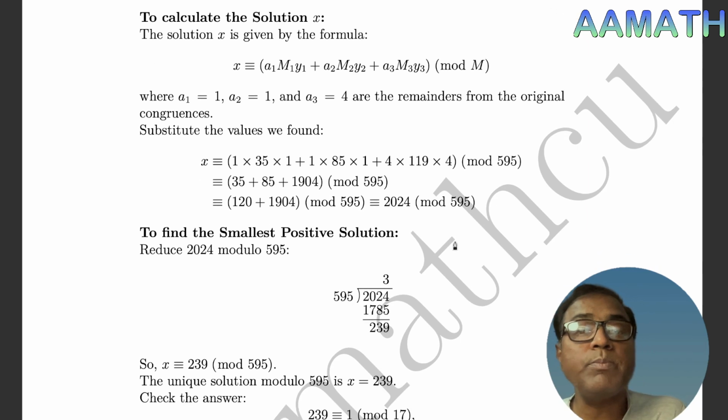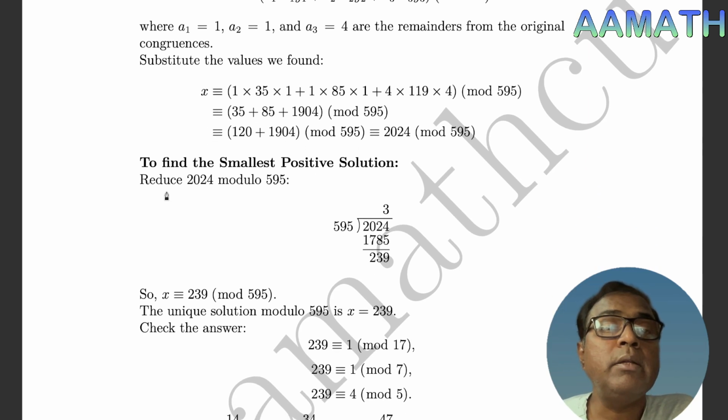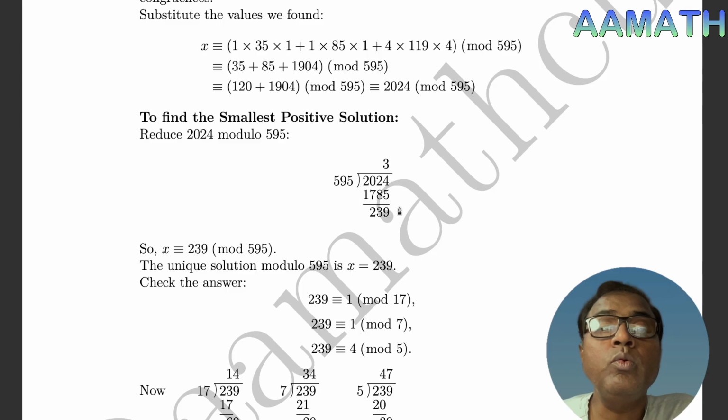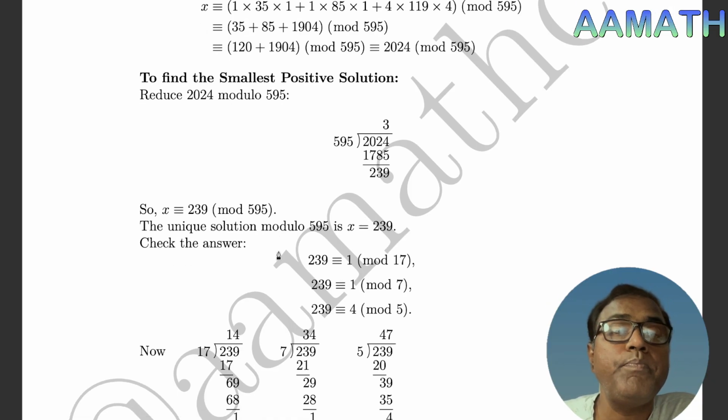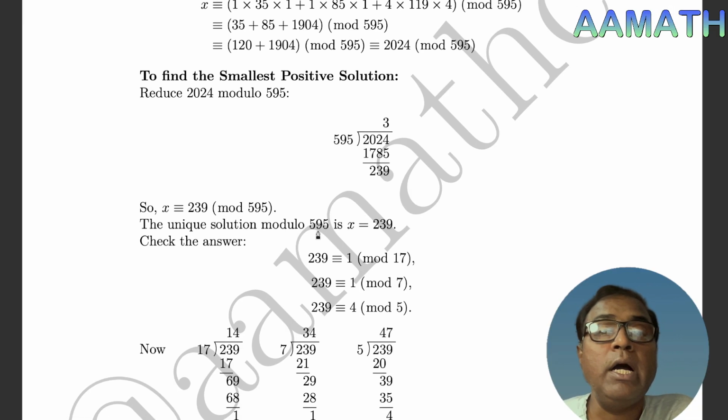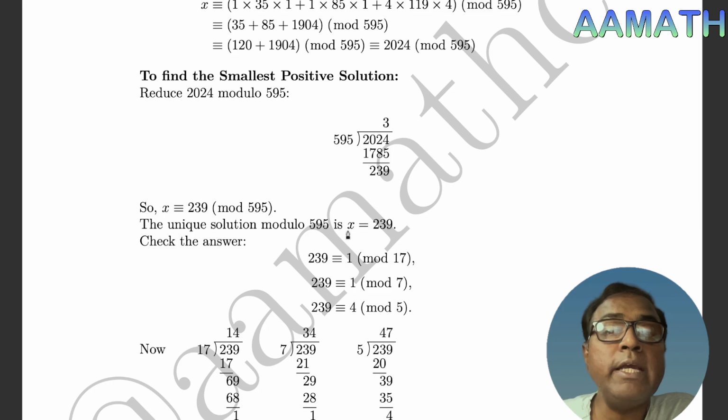To find the smallest positive solution, we reduce this: 2024 divided by 595, quotient is 3, remainder is 239. So this reduces to x congruent to 239 modulo 595, and the unique solution modulo 595 is x equal to 239.